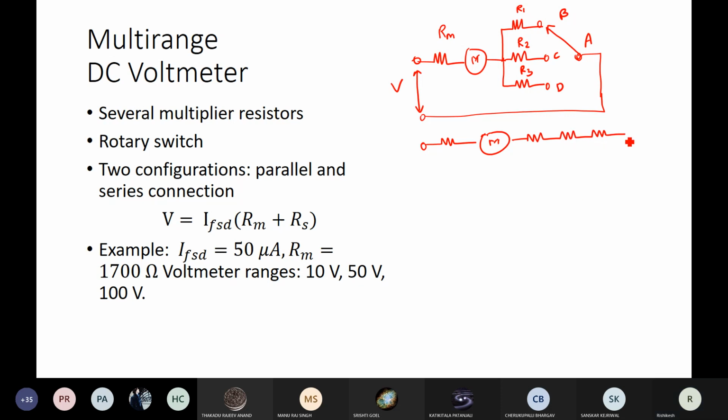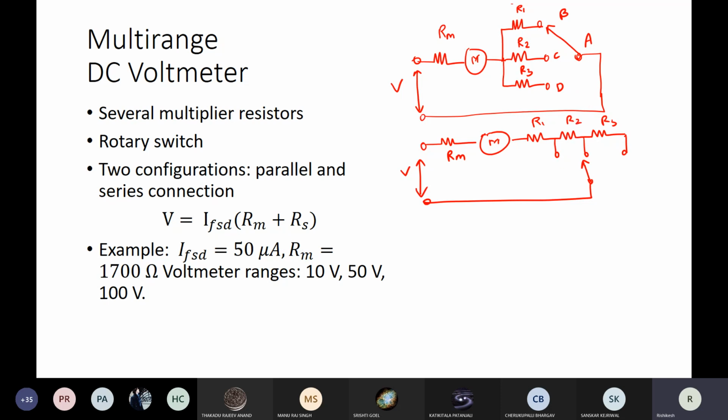You get different taps from the terminals of the series resistances R1, R2, R3, and then give a switch to the user. This is also Rm. All of these are multiplier resistances, please remember.